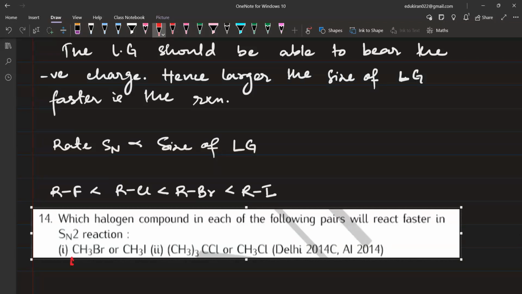In this question, you have to say whether this is going to give a faster reaction or this one, for SN2.